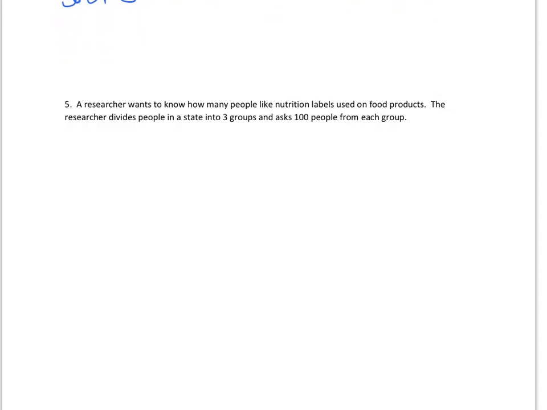All right, so hopefully you tried to do this one on your own. So when you see, here's a keyword right here: divides people into 3 groups. Which one of the methods deals with dividing people into 3 groups? It's a stratified sample.